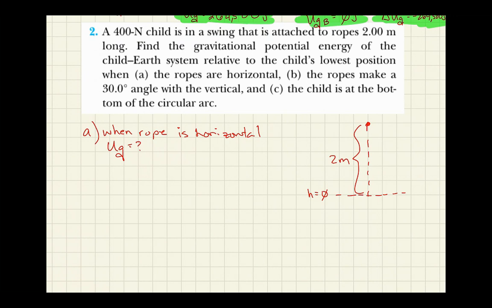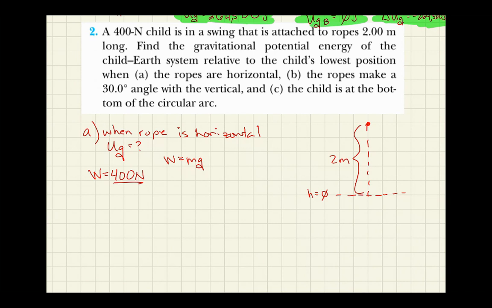In this case, what we are given is 400 newtons. Hopefully you are noticing that 400 newtons is not the mass of the child, that's the weight of the child. The child's mass times gravity is weight. Weight is mg. So this 400 newtons actually includes both m and g.